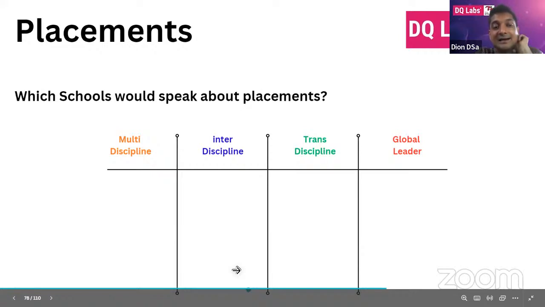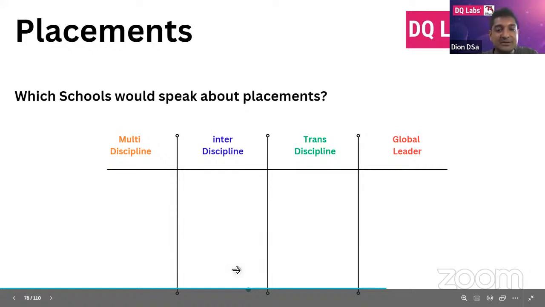On the other hand, the interdisciplinary and the transdisciplinary, they just give niche opportunities. So their students will be very specific. No, I want to work in wildlife conservation. I want to work in this. I want to work in that, right? And really, it's difficult for them to talk. And their students can do anything and work in law firms, right?